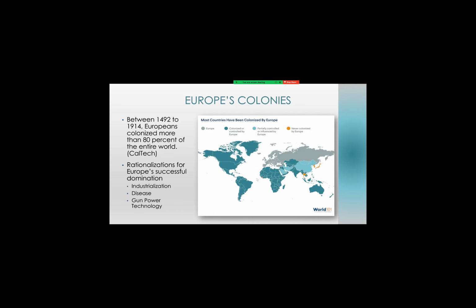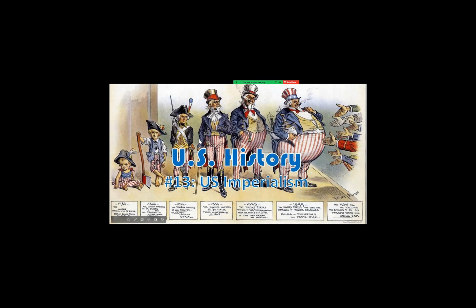Many of these spaces still are in some kind of colonial relationship to Europe through commonwealths, and there are still some colonies that exist. This slide shows the growth of U.S. imperialism. In 1773, the Union started with 13 states.